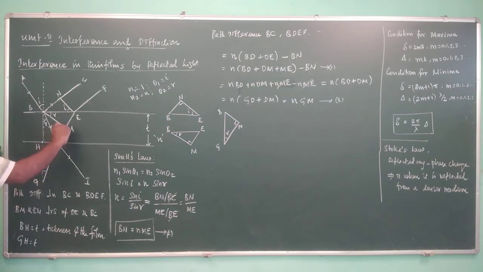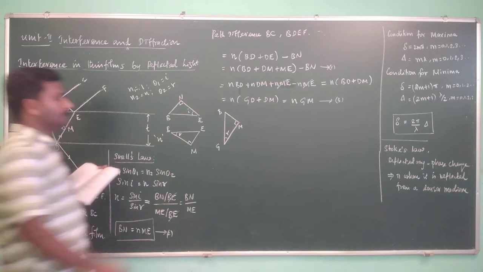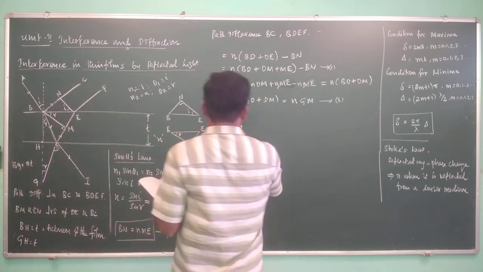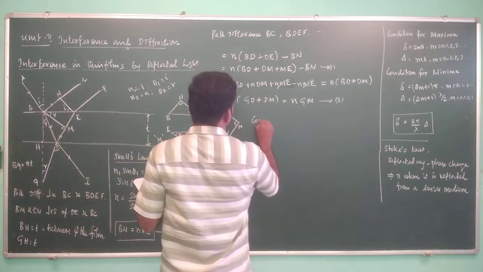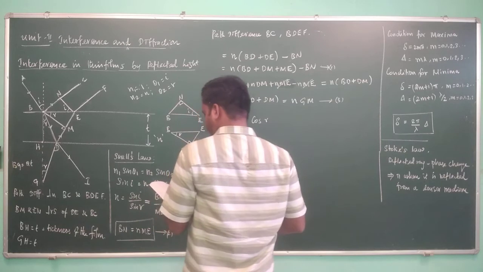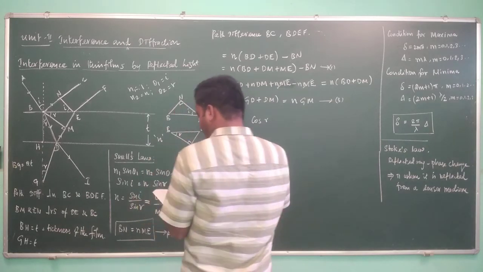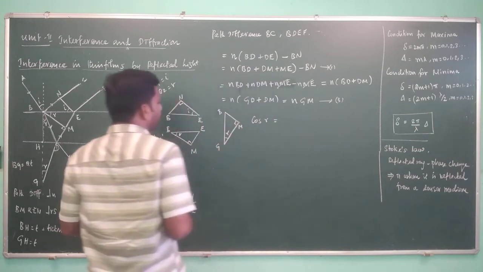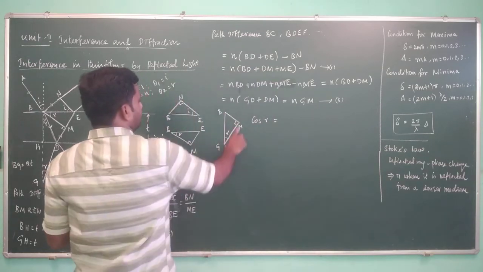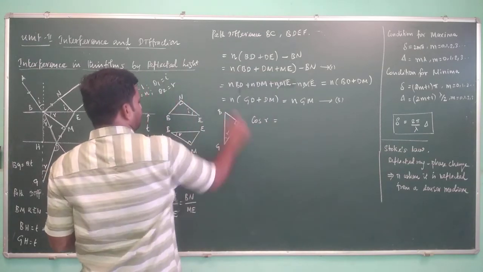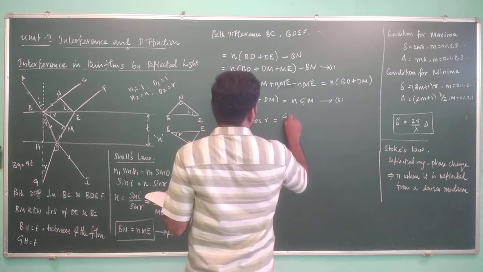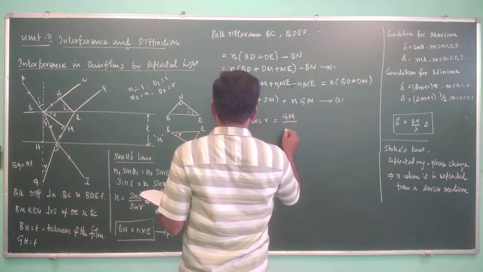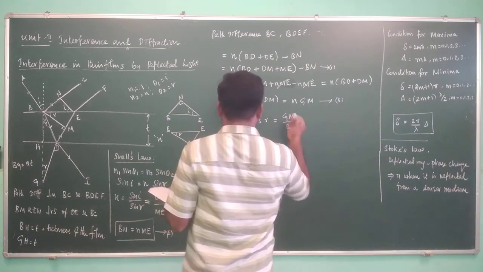So this is normal, here the angle is R. For this triangle we can write cos R. Cos theta is nothing but adjacent side by hypotenuse. This is the adjacent side, this is the hypotenuse. So GM by BG.